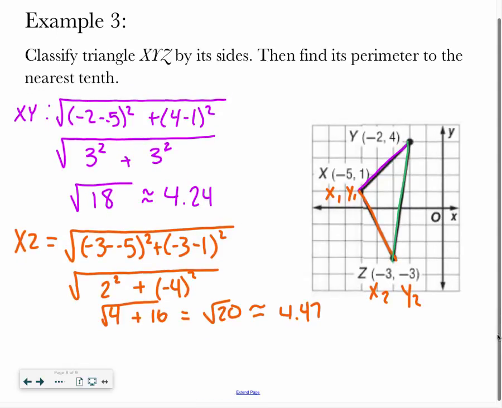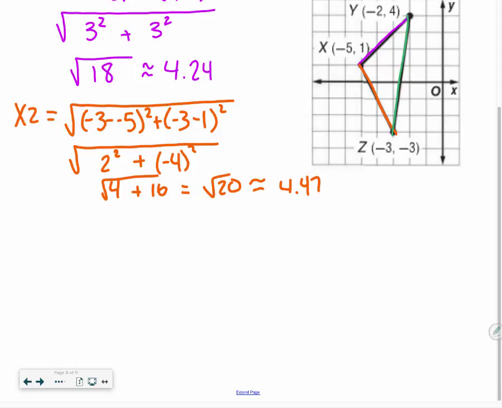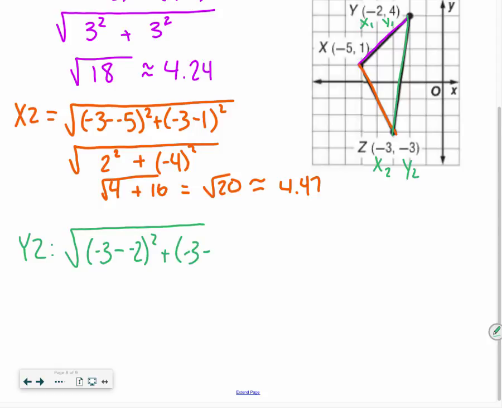And then the last side I want to do is the green side, which goes from Y to Z. And if I do that, let's see, which one do I want to use? I'm going to use negative 3 as my x2, y2 again, and Y is going to be my x1, y1. So YZ is the square root of negative 3 minus a negative 2 squared plus negative 3 minus 4 squared.